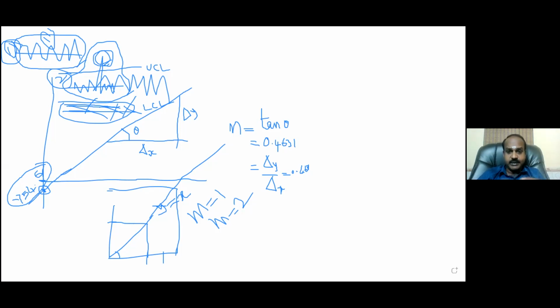At the same time, even if all the points are inside the control limit, if you do not observe randomness, rather you observe non-randomness. What is non-randomness? Points are forming a line. Points are forming a circle. There is a cyclic pattern. If you are able to see some kind of pattern, it is a clue that your process is pulled away by some other factor.